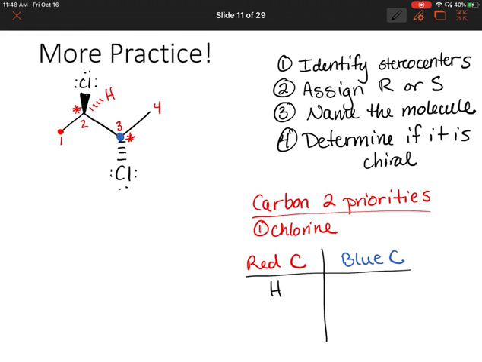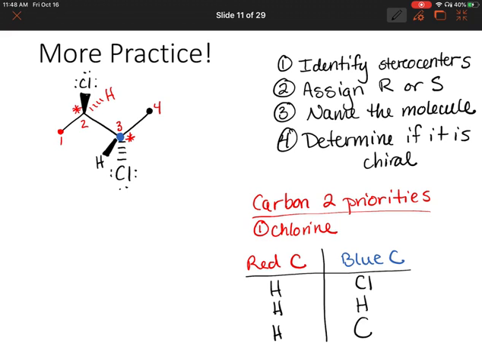So we'll just write out 3 hydrogens. And then what about the blue carbon? Well, it's bonded to the chlorine down below. It's also bonded to the invisible hydrogen that was in a wedge. And then it's bonded to carbon 4.